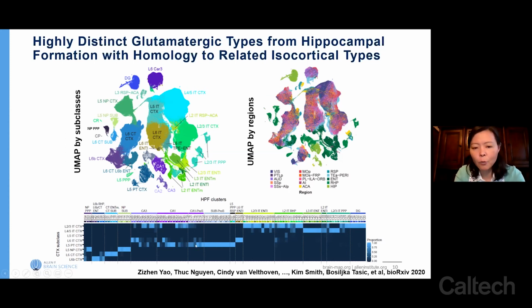Most surprisingly, we found that there's even a remote but significant homology between the majority of CA1 and subicular cells and the layer 5 PT neurons in the cortex. This homologous relationship was further confirmed by a large set of shared layer-specific marker genes, as well as the anatomical location of those marker genes. Namely, those marker genes are present in the same or similar layers between isocortex and hippocampus, supporting the homologous relationship of the cell types.